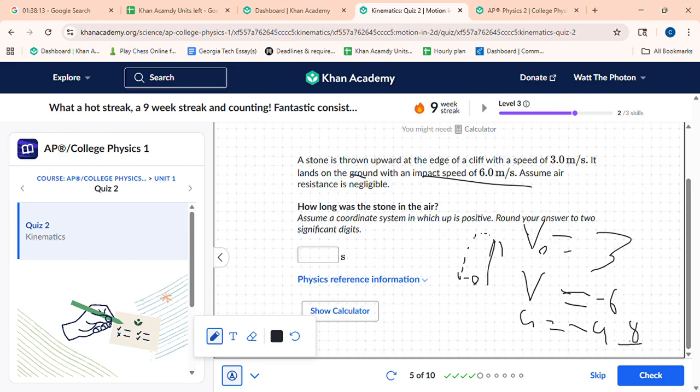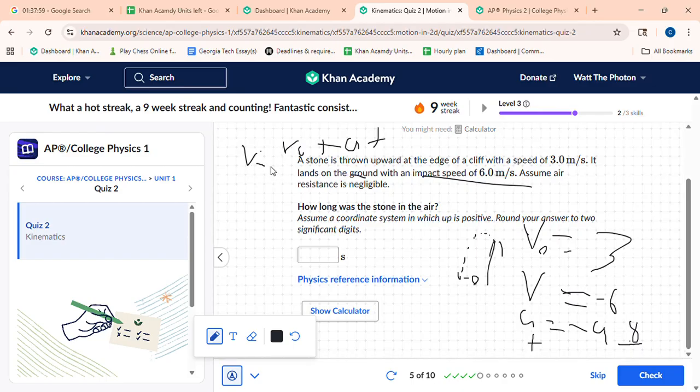How long was it? We're trying to find t. So the kinematic equation is v is equal to v0 plus acceleration times time. So we're trying to find the velocity using acceleration times time. So we have velocity is 3.